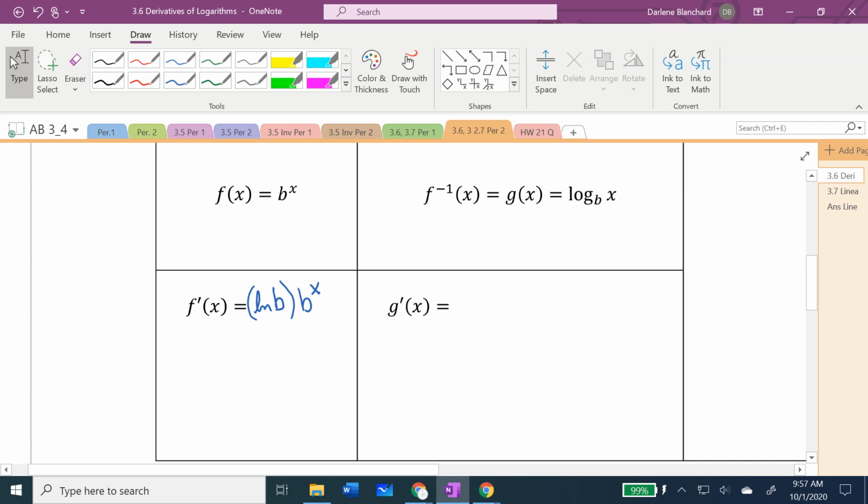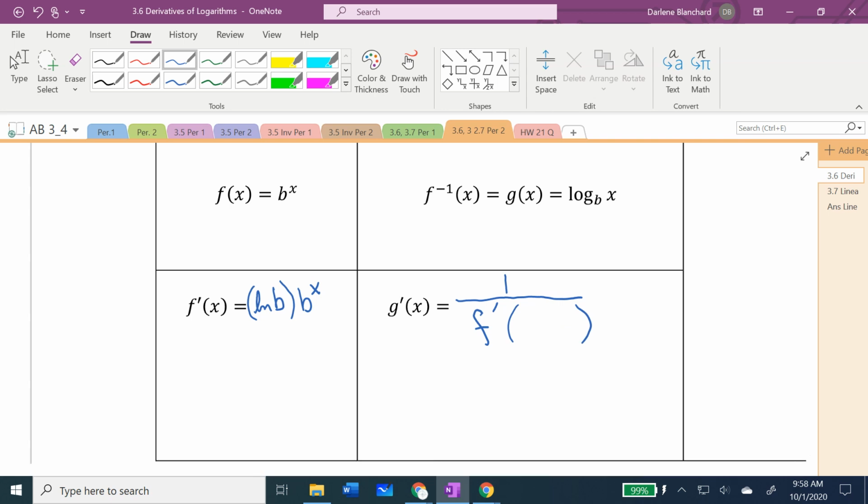Do you remember a word that you would use for the derivative of inverse functions? A word. Yep, reciprocal. So the derivative of g of x is 1 over the derivative of its inverse, but not at x.